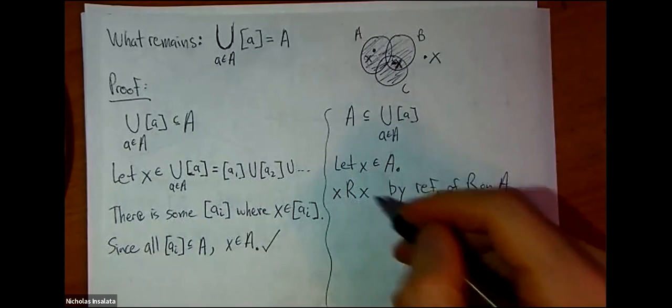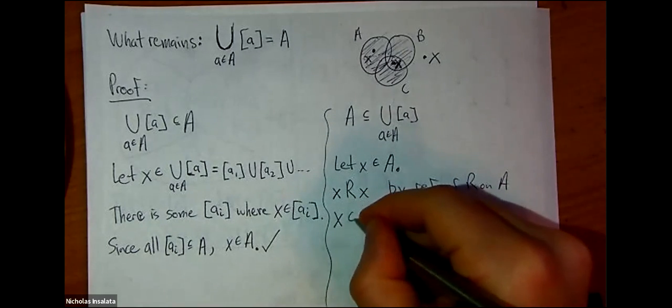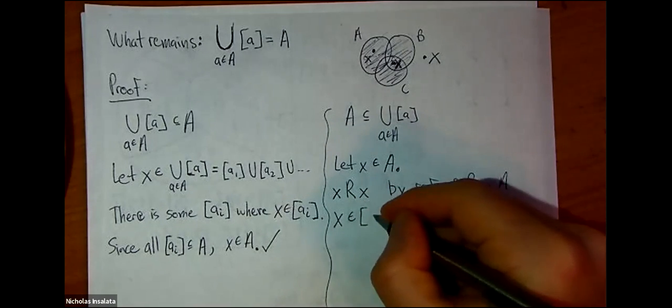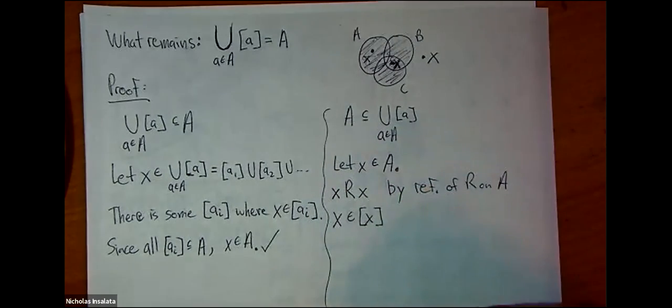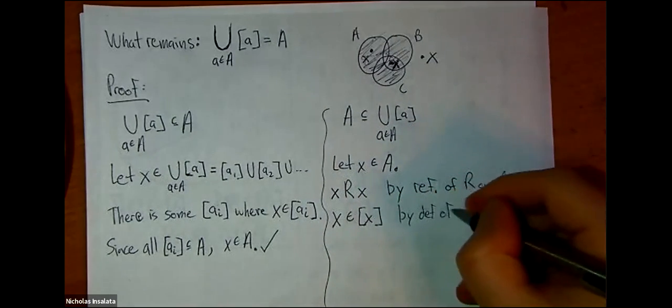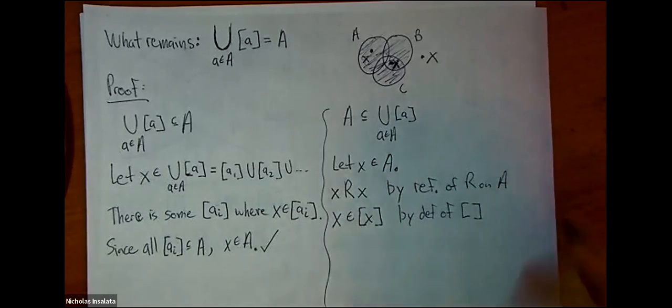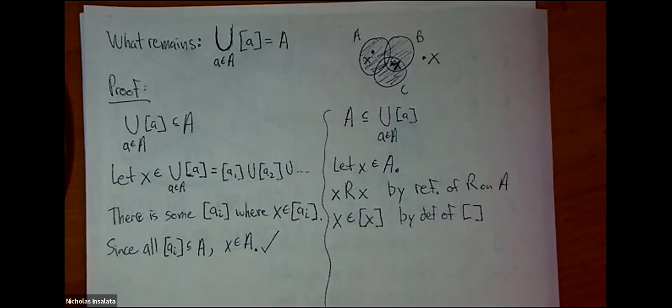Good. Since X relates to X, we know that X must be an element of the equivalence class of X by definition of equivalence class. Now what do we know?